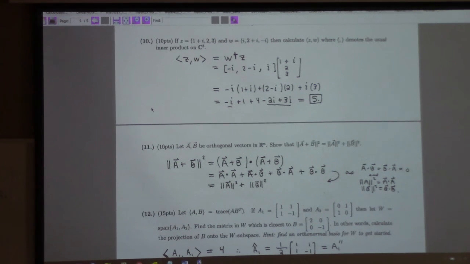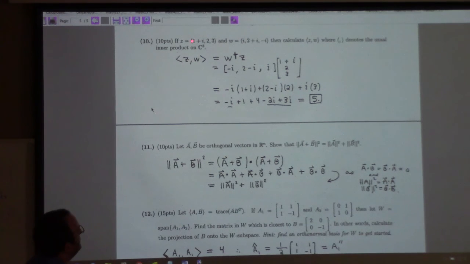Remember the inner product on C3, it's not just multiplying component against component. We also have to take into account the conjugation, right? So the inner product of Z and W on C3 is W dagger Z. This is what? This is the transpose conjugate. So I take this column vector, turn it into a row vector, that's the transpose, and then I conjugate.